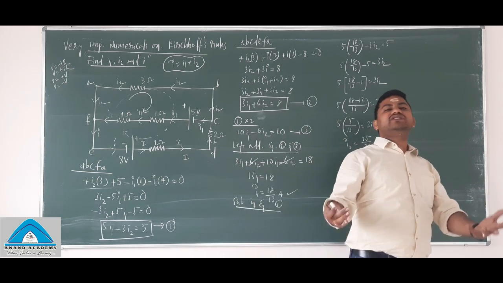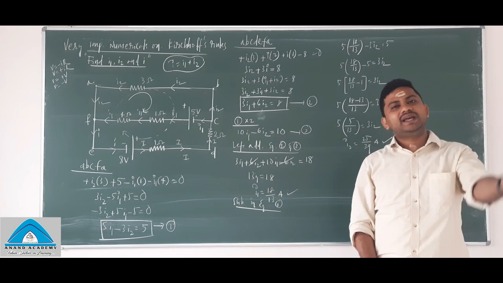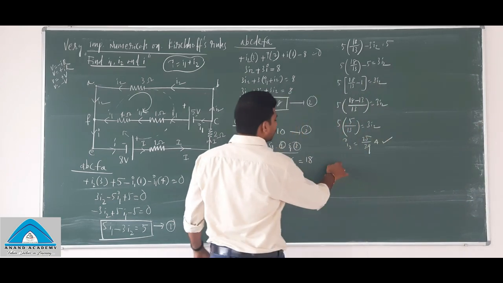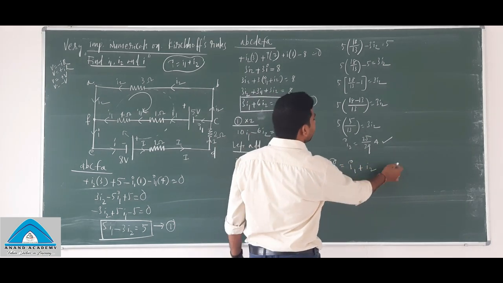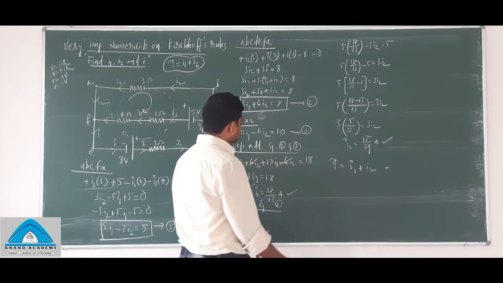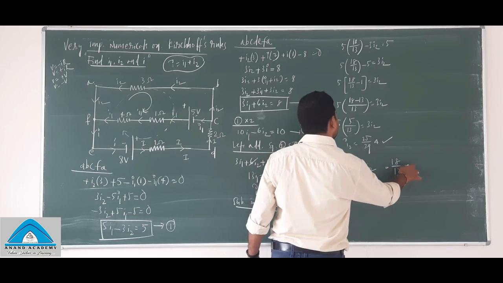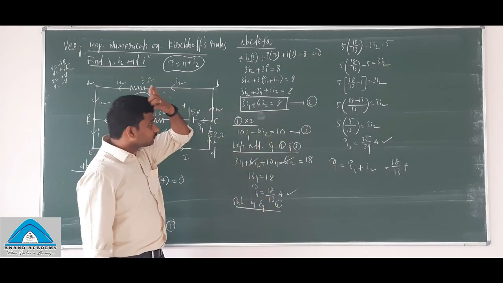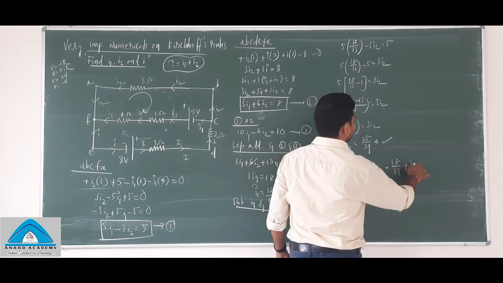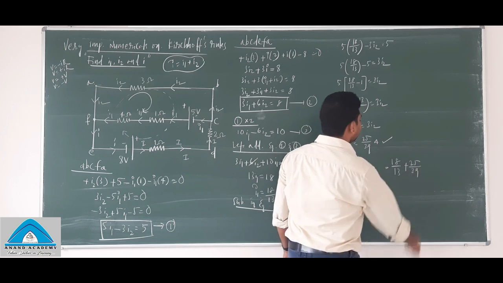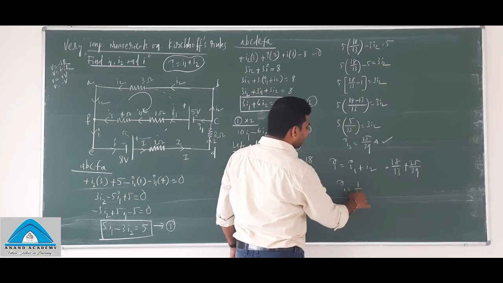I1 is there, I2 is there. So can you calculate I? I is equal to I1 plus I2. So what is I1? 18 by 13. Plus, what is I2? I2 is 25 by 39, right? Here, if you want, you can take 1 by 13 common.